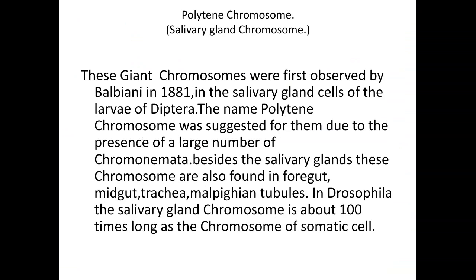The name polytene chromosome was suggested for them due to the presence of a large number of chromonemata. Besides the salivary glands, these chromosomes are also found in foregut, midgut, trachea, Malpighian tubules, etc. In Drosophila, the salivary gland chromosome is about 100 times as long as the chromosome of a somatic cell.